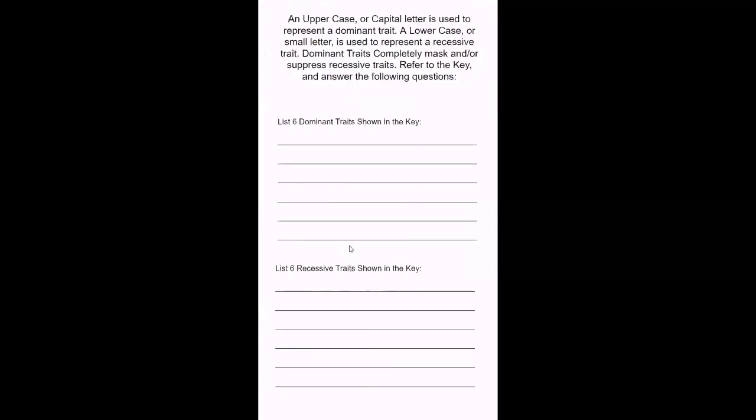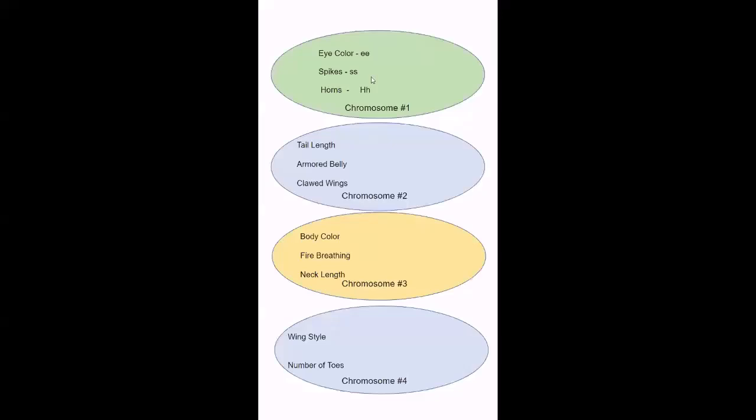Okay, all right. So what you're going to do is fill out these little circles for Silvaria, and you can make these up to be whatever you want. I don't necessarily care if you follow the picture. If you want her to have a long tail or a short tail, that's up to you. If you want her to have an armored belly or not, that's up to you.